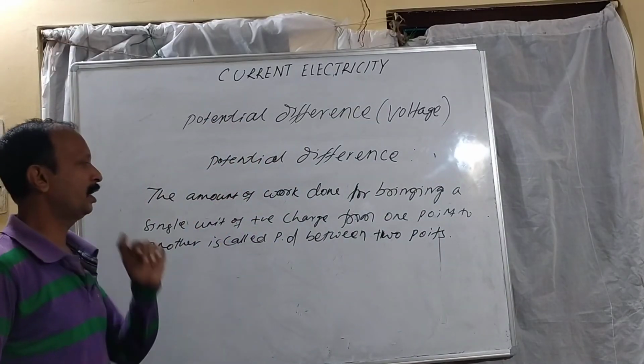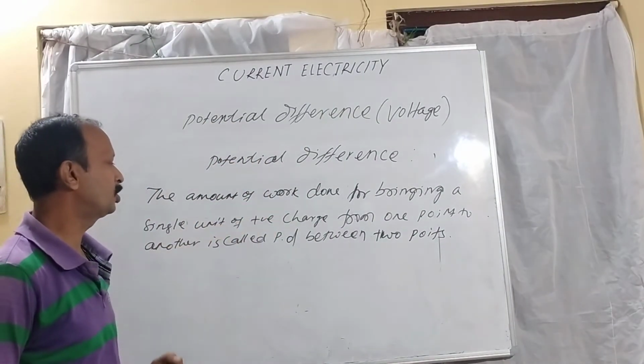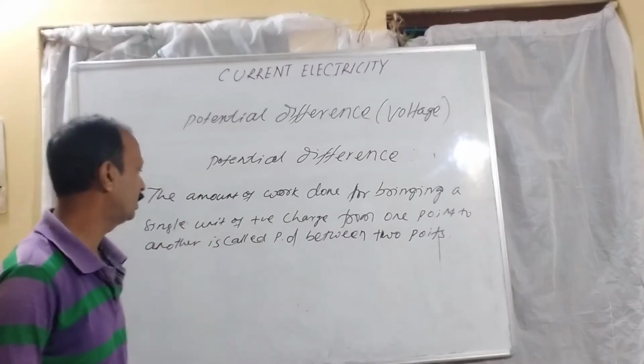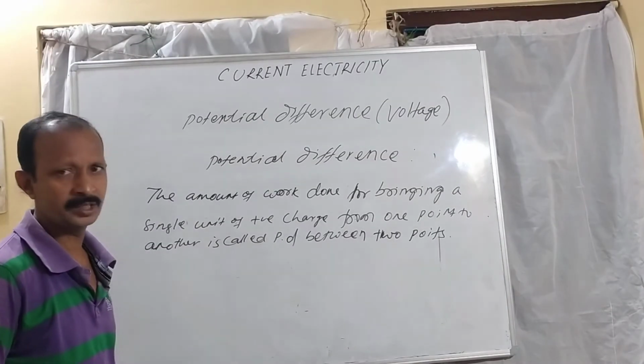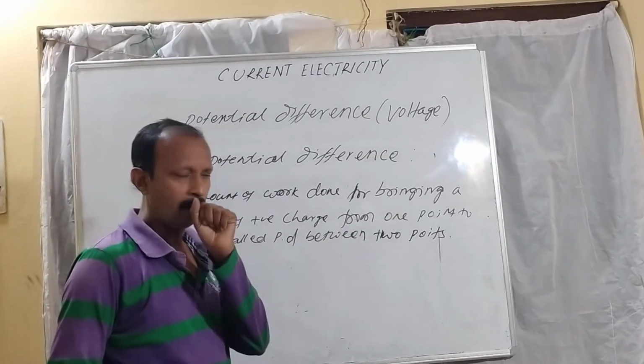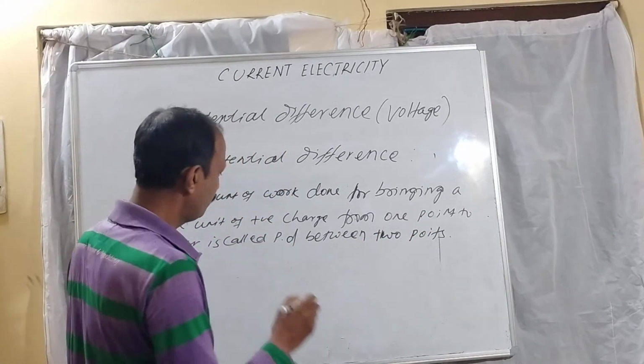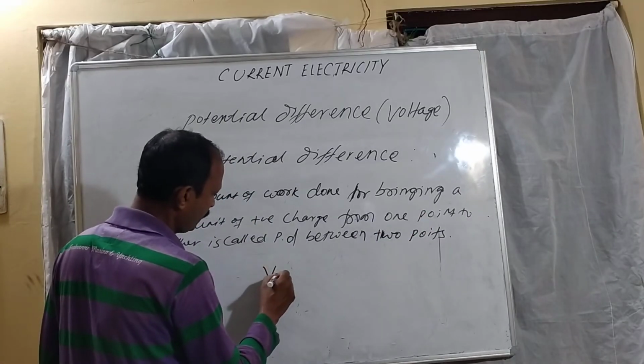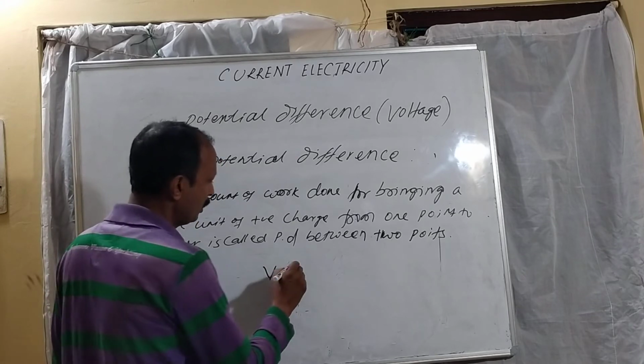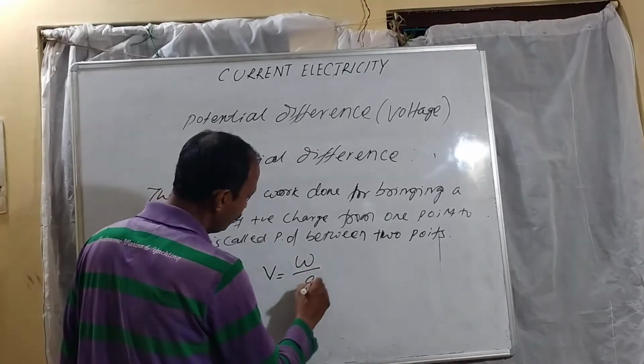How much work is done for bringing a single unit of positive charge from one point to another is called the potential difference between the two points. Clear? Mathematically, potential difference is also V equal to W by Q.